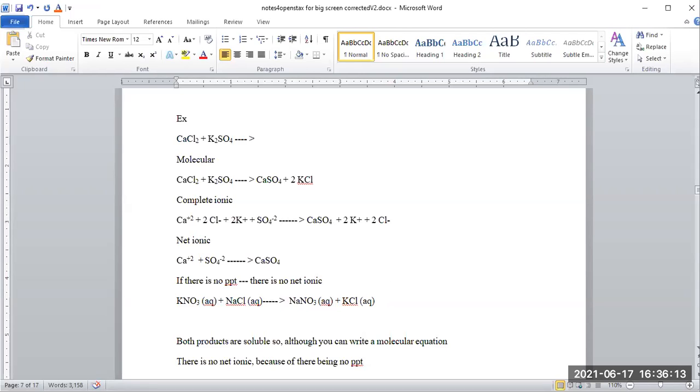If there is no precipitate, you can write a molecular. I could potentially write a complete ionic, but there is no net ionic at all. If you did not make a precipitate, you cannot write a net ionic equation for that reaction.